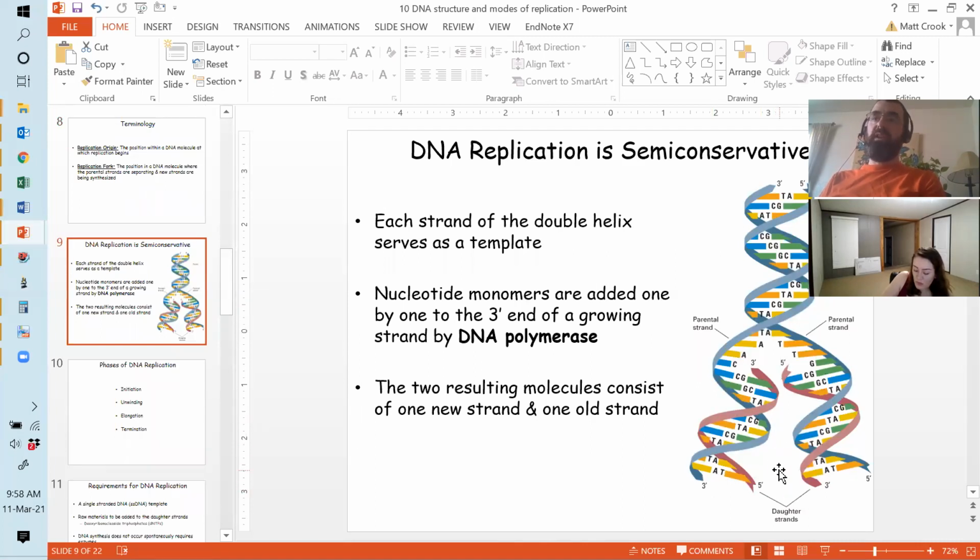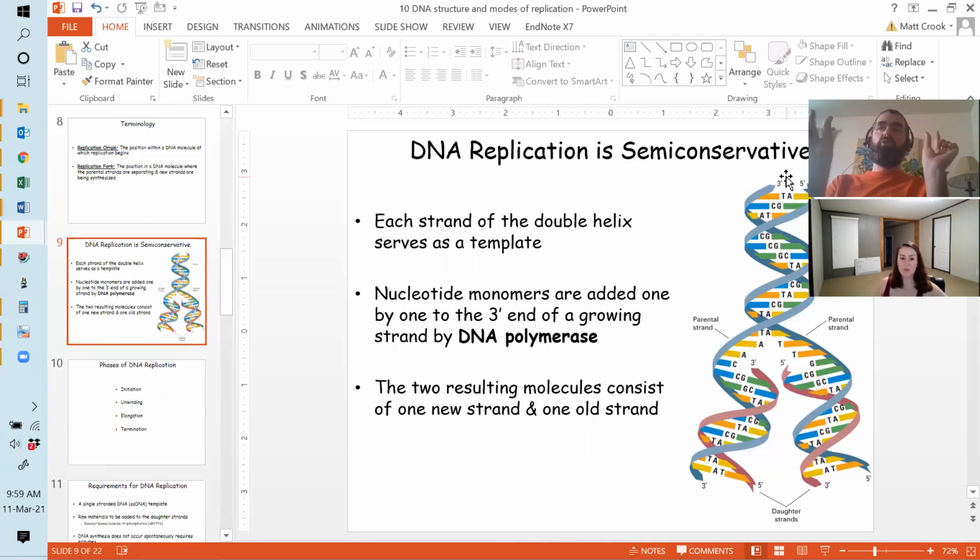And this process continues. Essentially, it's going to go up the page on this slide until all of that original parental double helix is separated and is now paired with a newly synthesized daughter strand, and the other one also with a newly synthesized daughter strand, right? And so that's called semi-conservative replication.